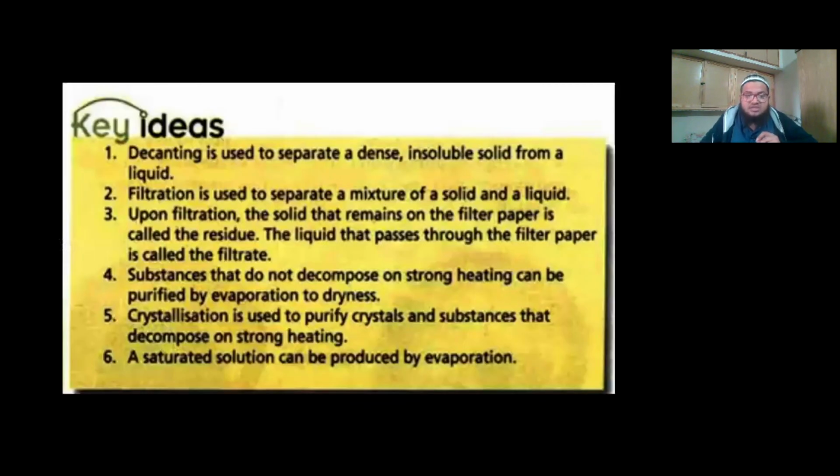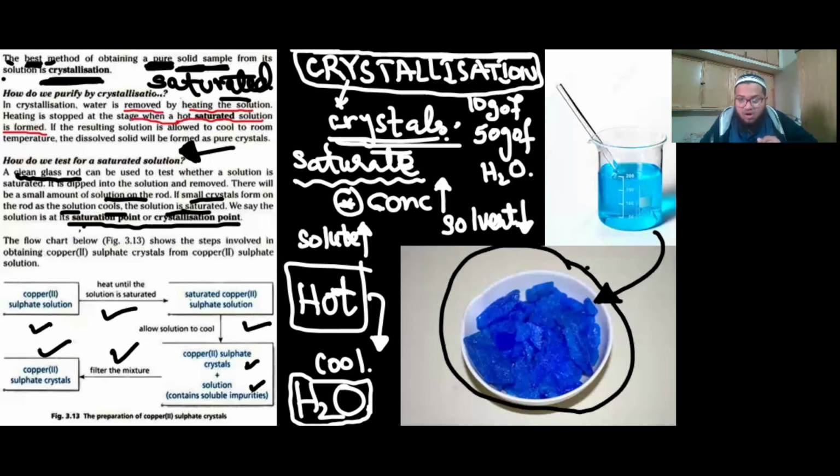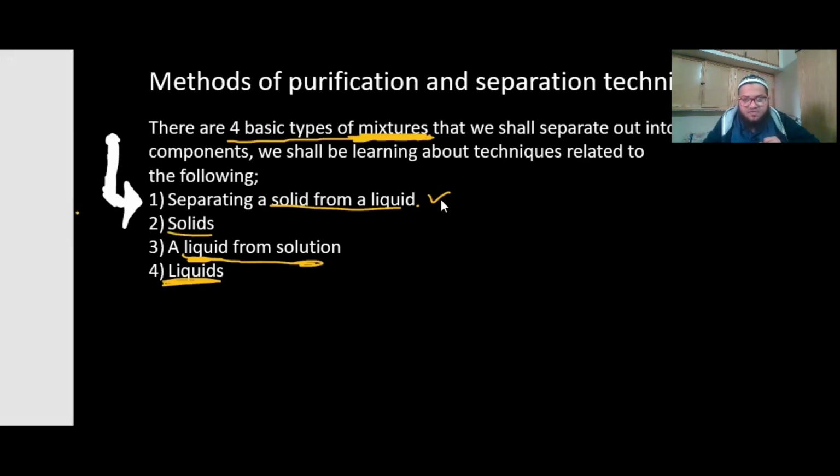Now the next thing is key ideas, and we are done with the first type of technique. Remember in the previous videos I told you about the techniques of separation and purification. This was the first type of technique, which stated separating a solid from a liquid. So we did decanting, we did filtration, we did evaporation to dryness, and now we've done crystallization.